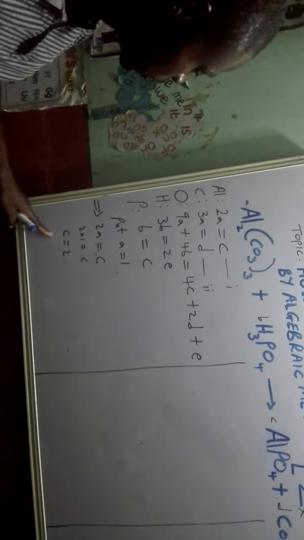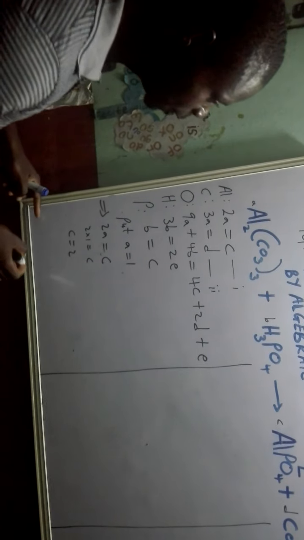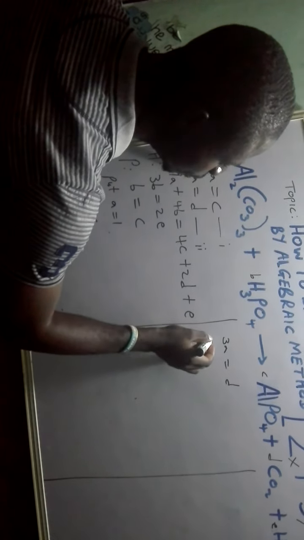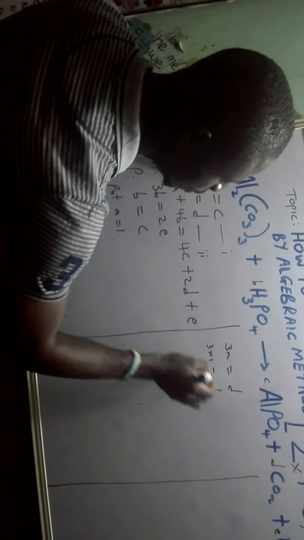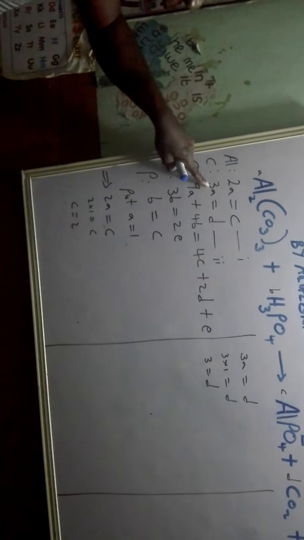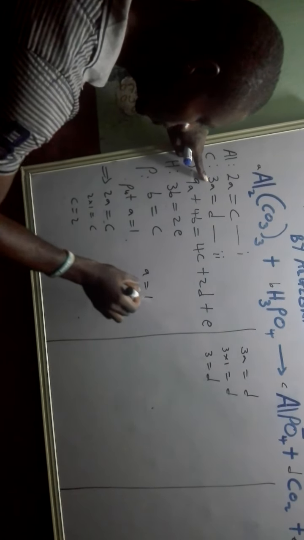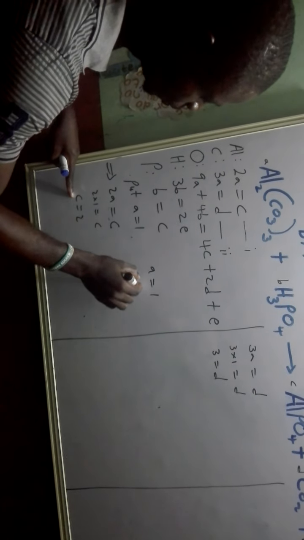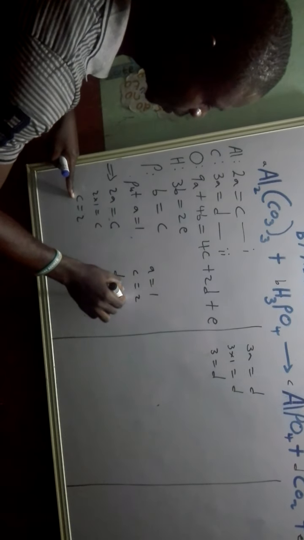Now we have gotten C. Then we can also move to D. 3A is equal to D. So 3 times 1 is equal to D, so D is 3. Did you see that? We have gotten A to be 1, C to be 2, and D to be 3.